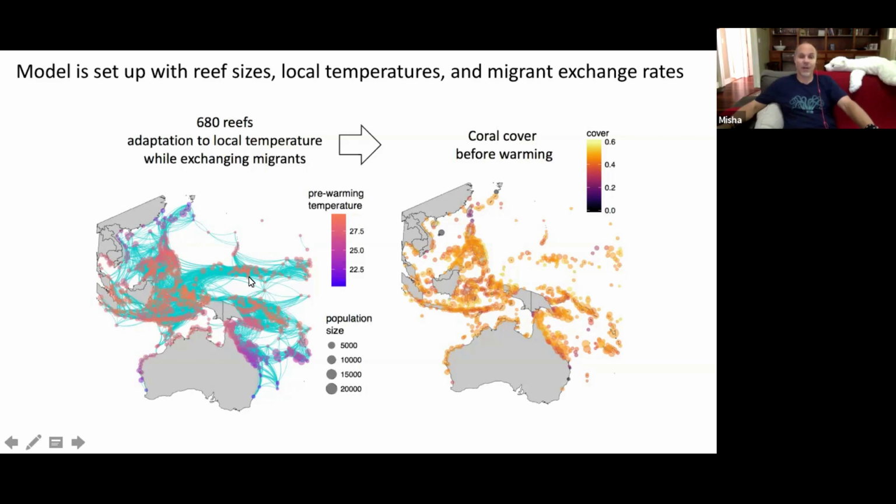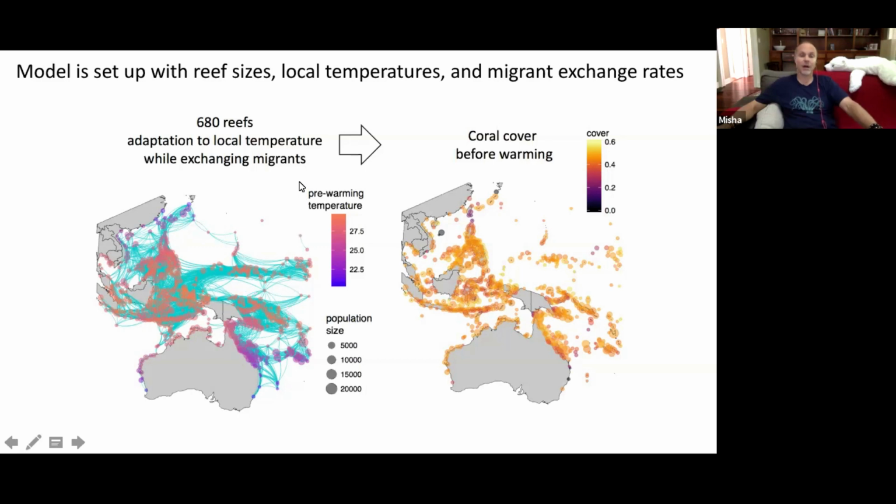And there are some migration rates between them, which are based on currents and some basic assumptions about larval biology. How long the larvae hold on in the plankton, how fast they develop ability to settle, and what kind of mortality is, and things like that. Basically, you can predict the probability of a larva from a place A ending up in a place B. And that's basically the data which we put in the model.